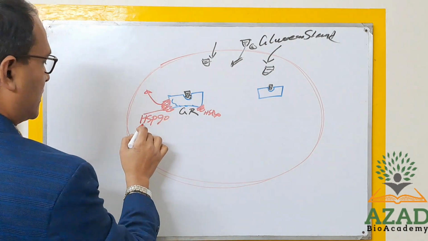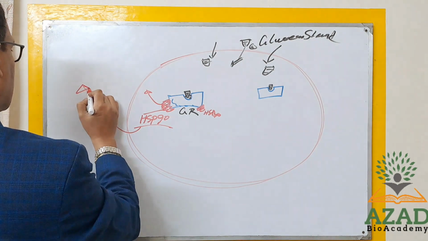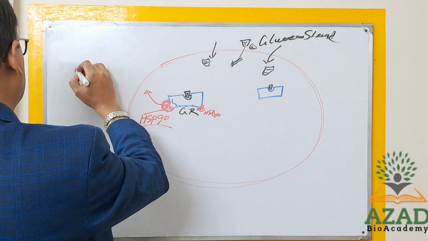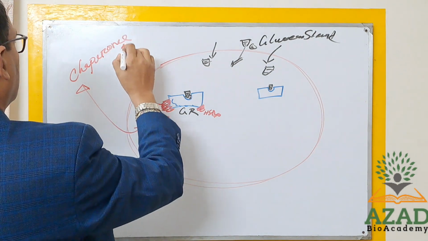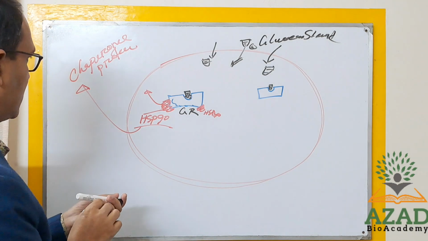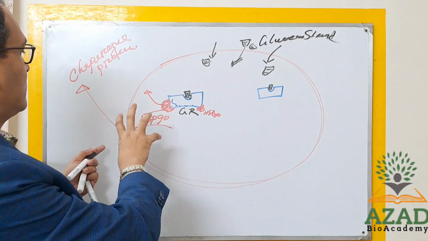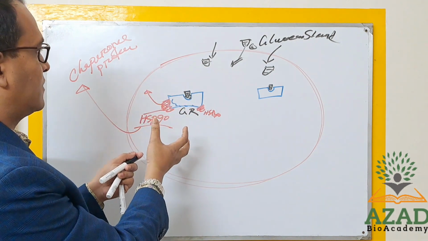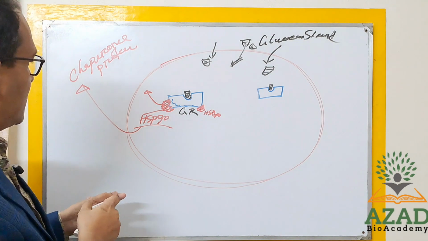So HSP90, heat shock protein 90, is another name, you can commonly say this is the chaperone protein. And you know the function of chaperone protein. It can modify, modulate the structure, or it can make the stability of some proteins.